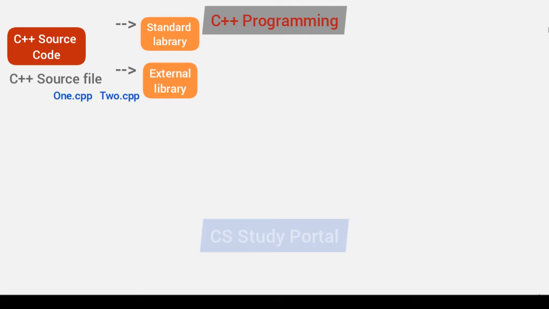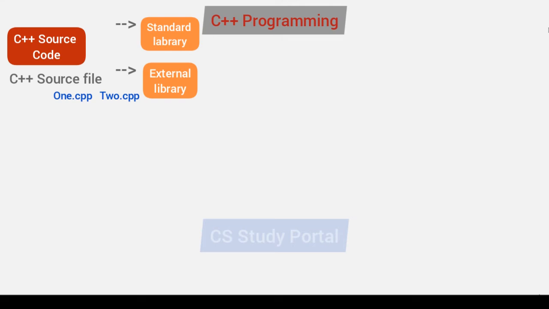So we have to translate this code written in C++ to machine code, so that the computers can understand it and execute the program. We have to transform our source code from C++ to machine code. We are going to create an executable file from this C++ source code, and then the executable file can be executed by the computer.